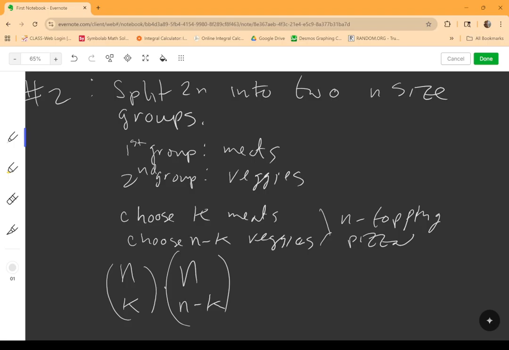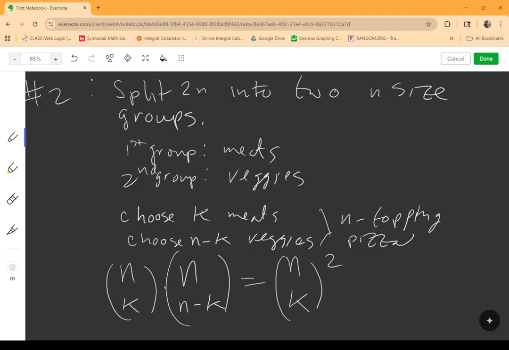As we saw in the previous one, these are two identical numbers. Because the way we think of this is, n choose k is one way to count it, or the other way to count it is to choose the elements that are not in the subset, the n minus k elements that are out. And we proved that in the previous video. So what we have is n choose k squared.